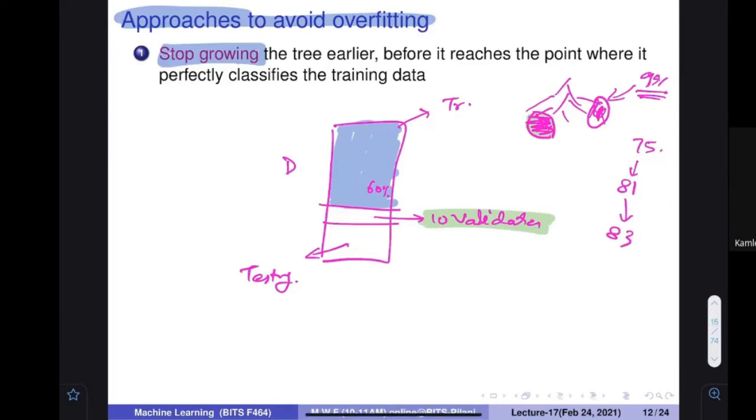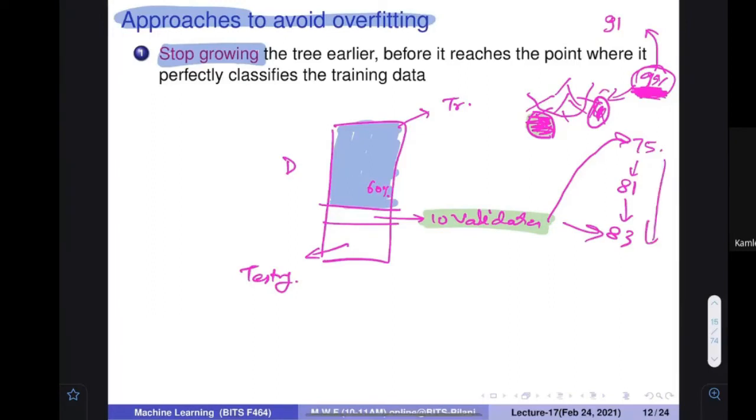So by this I would increase my accuracy. On the testing, the accuracy was 99%, and it may become 91% or so, because it may reduce. But on the validation set, which was 75% with the 99% accuracy, now it is going to be 83%. It is better than that.